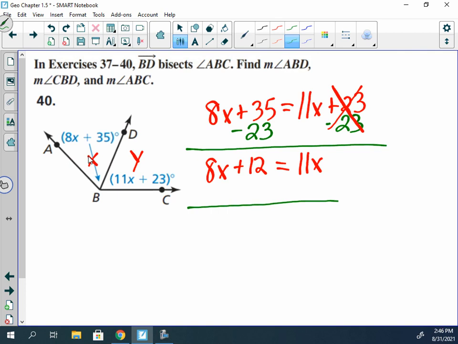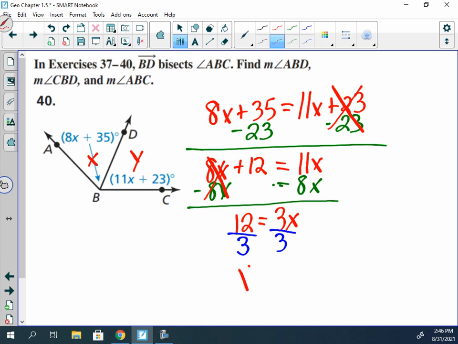I want to get the x's together. Subtract 8x. Because we could divide both sides by 11, but we would have to divide the 11x, the 12, and the 8. We'd have to do 3 things. So it's a little bit easier if we subtract the 8x first. Equals. Yes. Well, now we divide. So x is equal to 4.